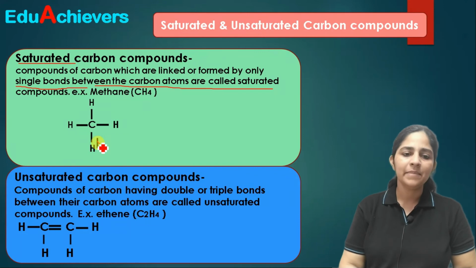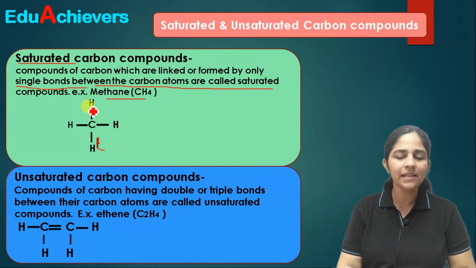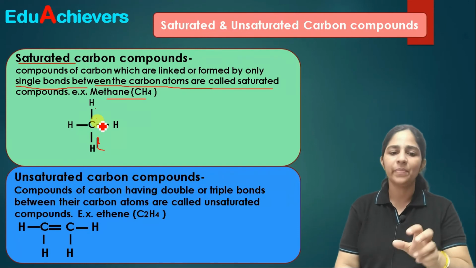Okay, so you can see here, this is a methane molecule. This is one carbon atom which has joined with 4 hydrogen atoms, and you can see it is forming single bonds. That means 1 electron of hydrogen and 1 electron of carbon will be shared in this bond formation.